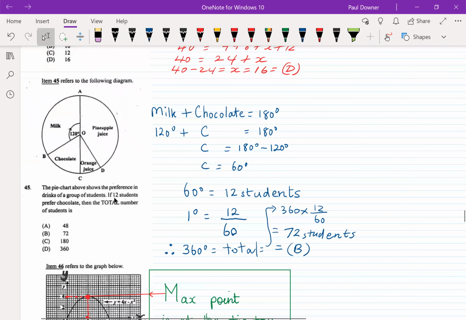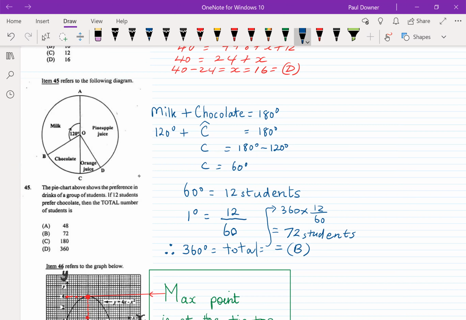The next one, item 45, right? If you look at this diagram, you're seeing a straight line A to C. Now, if I add up this angle here, which is the 120, and this missing angle here, I must get 180 degrees. So let me put that in here in the context.